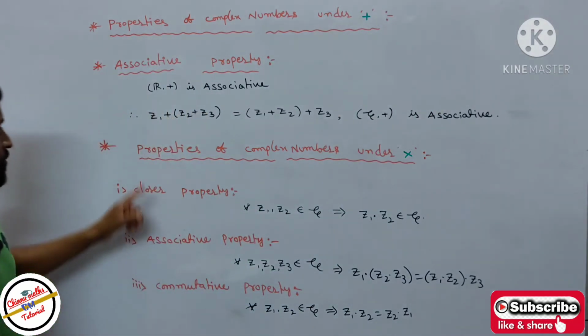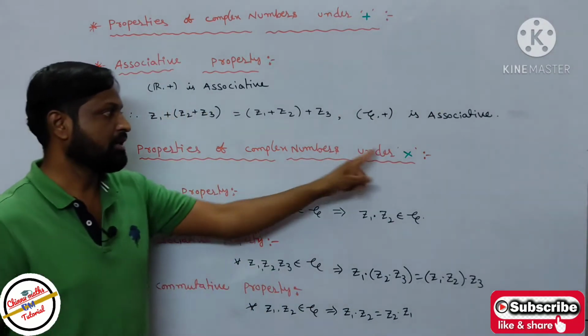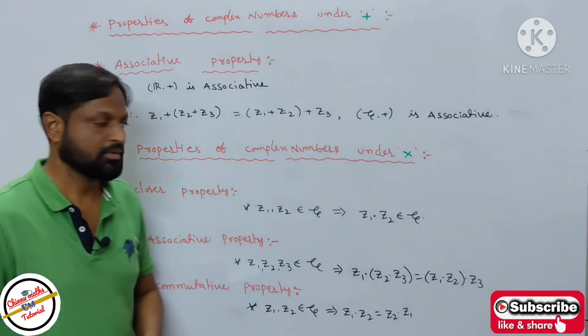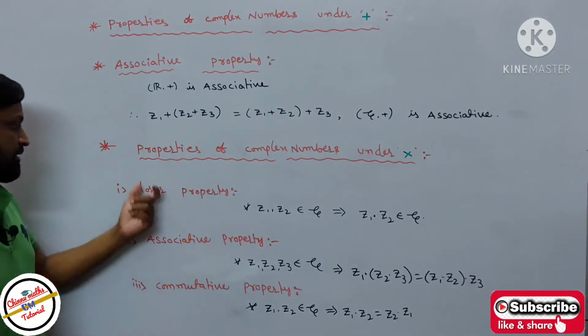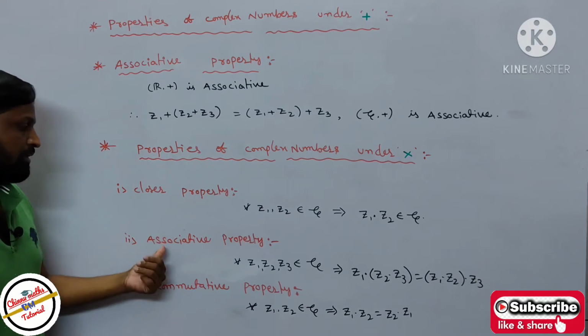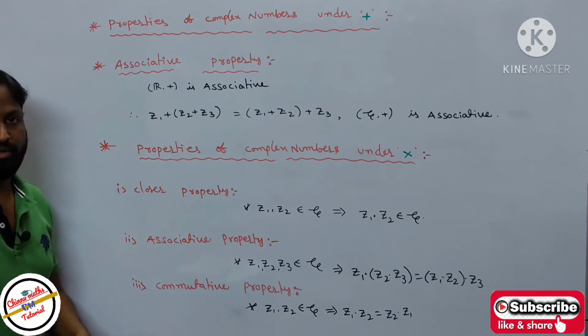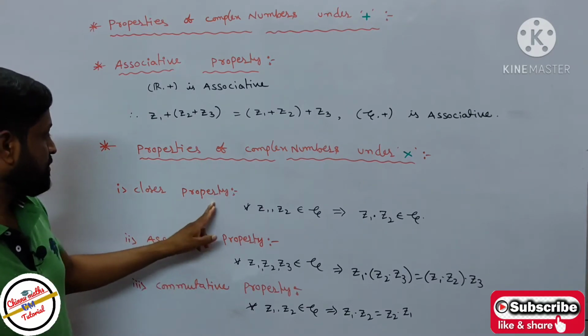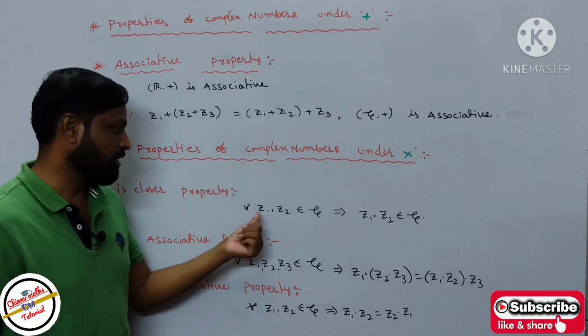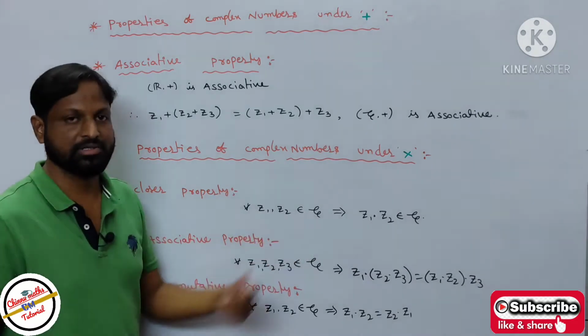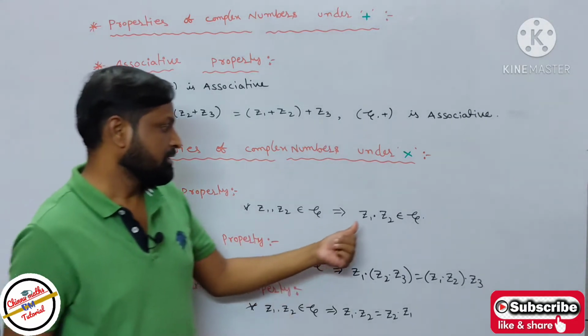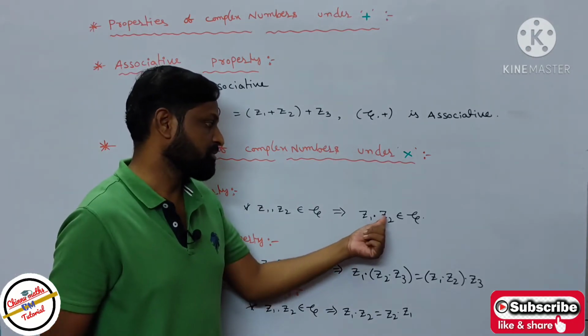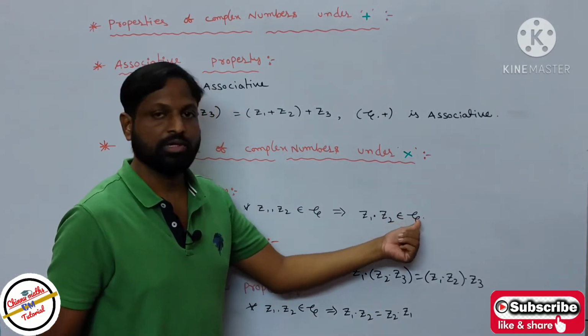Next, properties of complex numbers under the multiplication. Under the multiplication, the properties are closure property, associative property and commutative property. Very simple. The closure property: for all z1, z2 belonging to complex numbers, their multiplication z1 times z2 also belongs to the complex numbers.